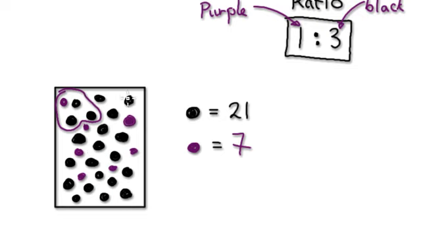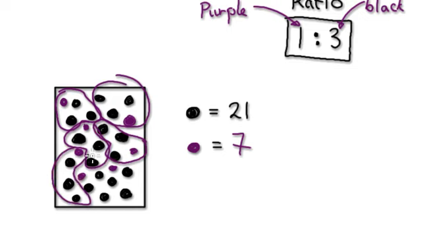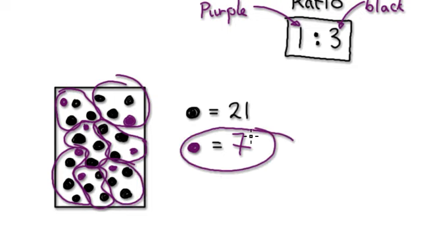So 3 black here, and then 1 purple here, 3 black here. You see the ratio. The ratio is always 1 to 3. Anyway, the answer here is 7. Okay.